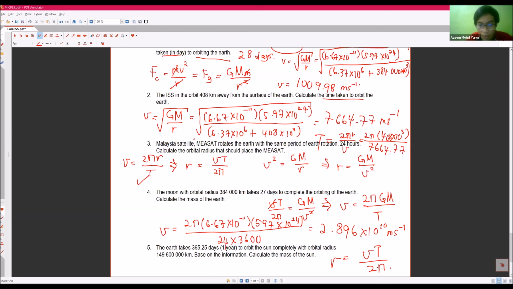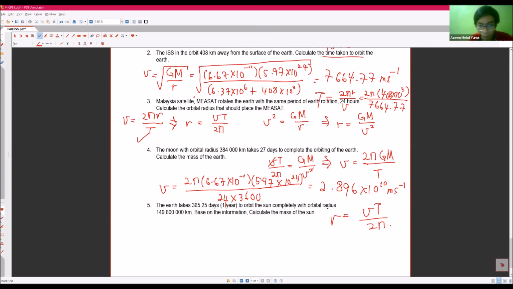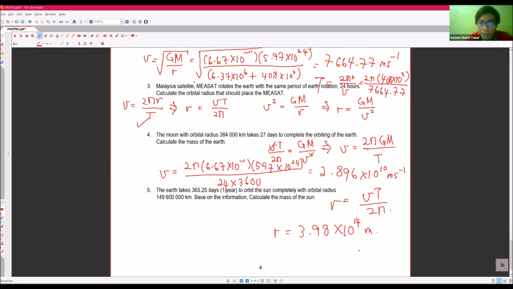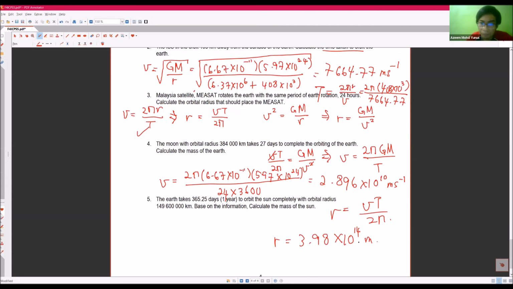Put that into our calculator. We will get our R is 3.98 times 10 to the power of 14 meters. So it's quite large distances here.